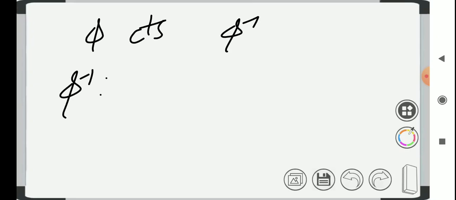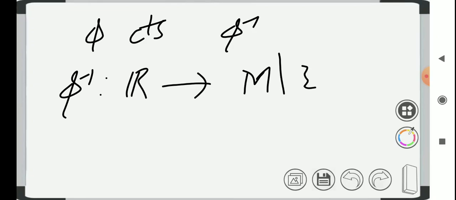Phi inverse will be a map from R into M minus P. Let us also show that this is continuous.